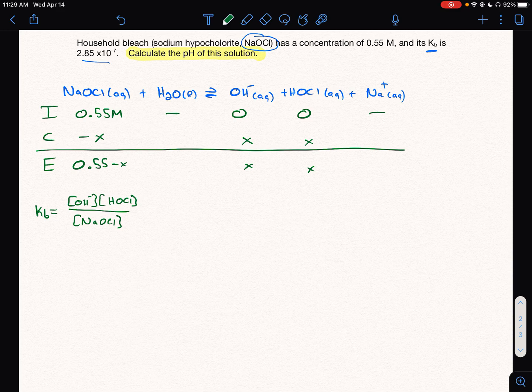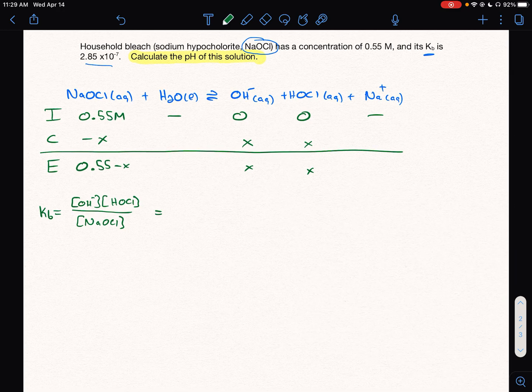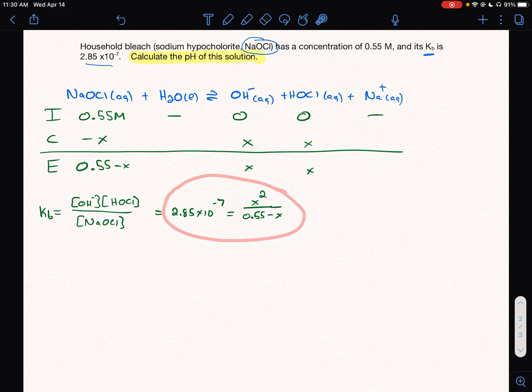And we also know that this is equal to 2.85 times 10 to the negative 7th. And we can now substitute in our equilibrium expressions. And so that's equal to x squared over 0.55 minus x. And this is the expression we're going to have to solve for x.